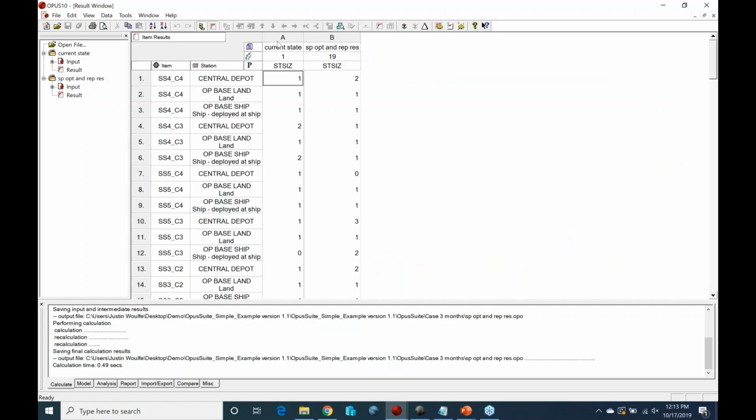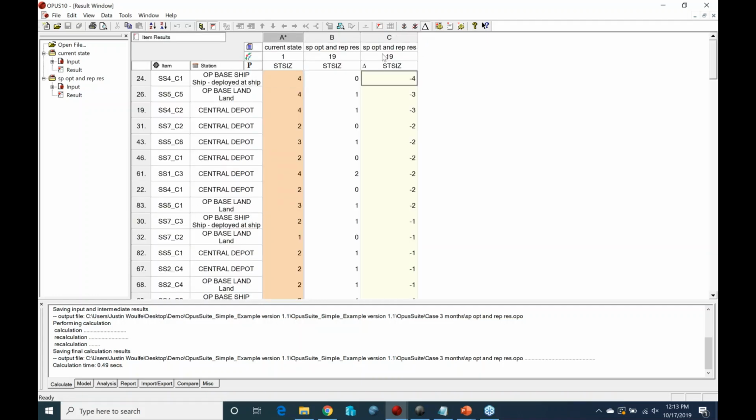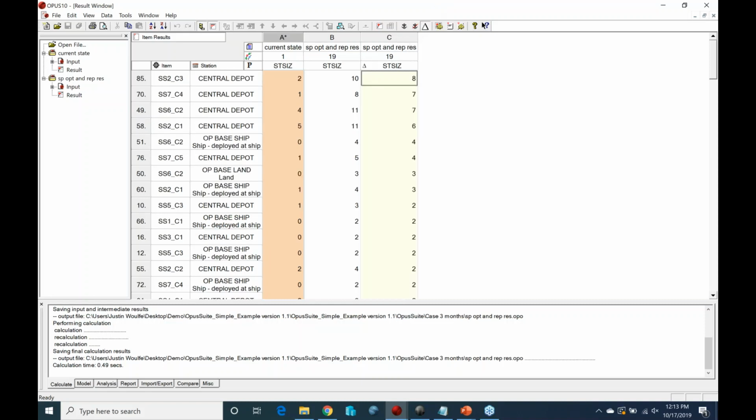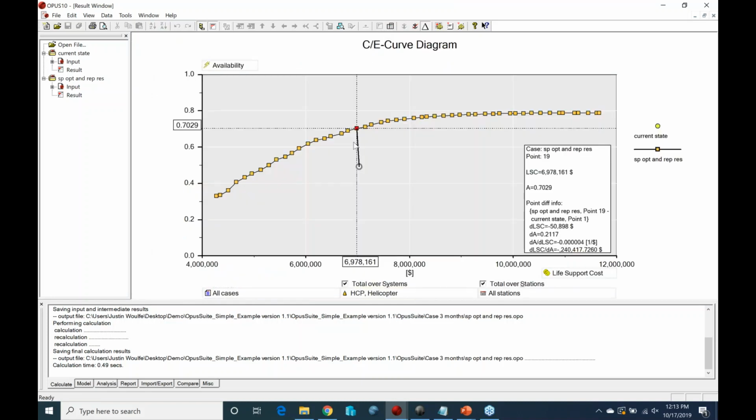If I look at the tabular view of this, which looks a lot like a pivot table, what I can see from a spare parts perspective is that in our baseline in column A, I have way too many of some parts and not nearly enough of some others. We're able to quantify exactly what those deltas are. That is going to allow us to achieve this much higher A sub O, even though from a cost perspective we're achieving the same cost.